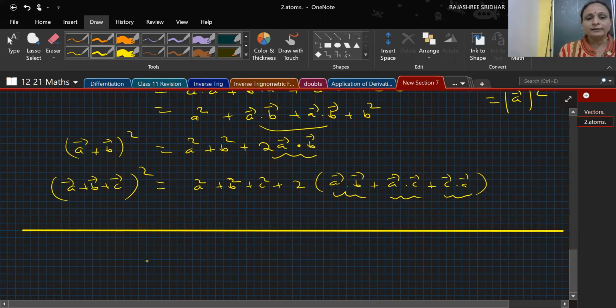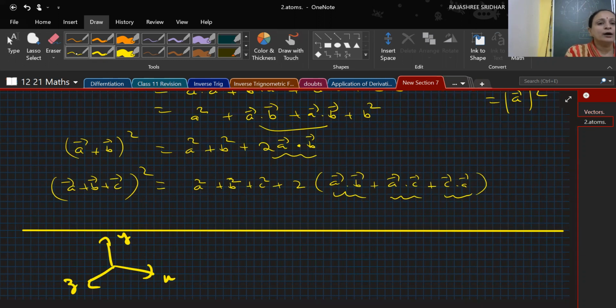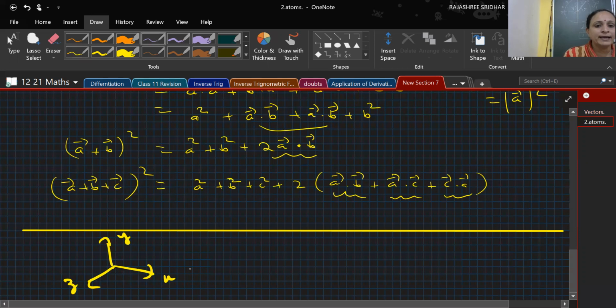The next one is, suppose you have written this, we know that if you have the unit vectors in the x, y, and z direction, this is x, this is y, and this is z. Now tell me what you will have for the unit vector along the x direction. I know it is i, j, and this is k. Now if you have i dot i, what is i? i is a unit vector. Magnitude is equal to 1. So i dot i is equal to 1.